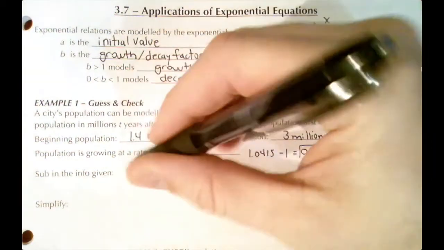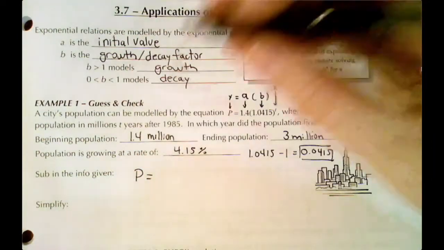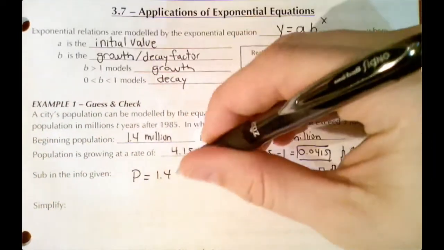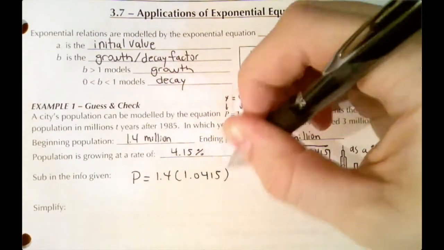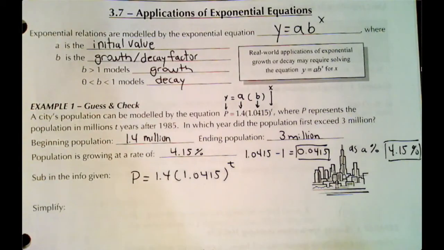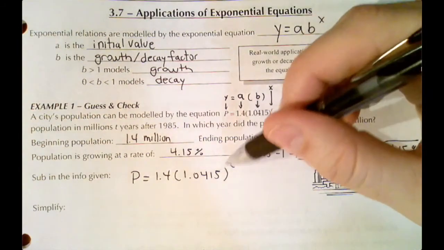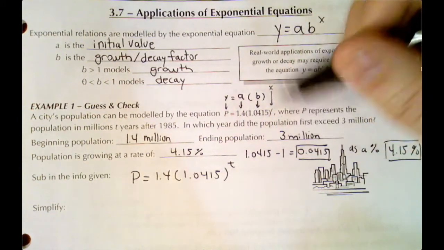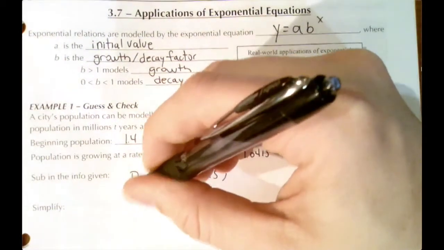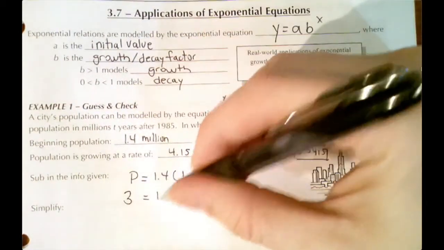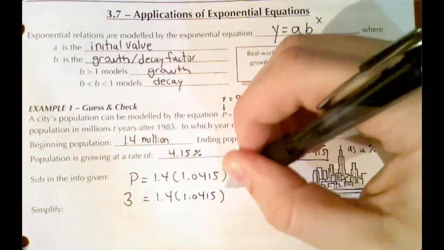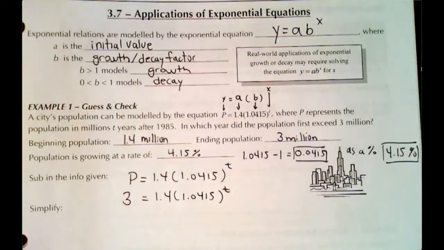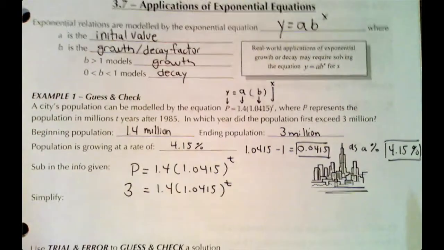So we want to solve this question. Well, the equation we were given was population is 1.4 times 1.0415 to the exponent t. And it asked us at what time the population is going to be 3 million. So when is the P going to be 3? So we're asked to solve this equation.